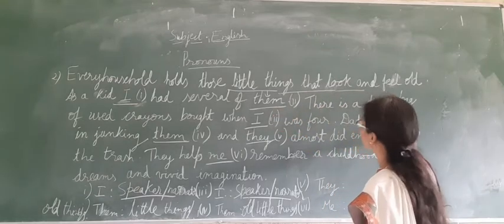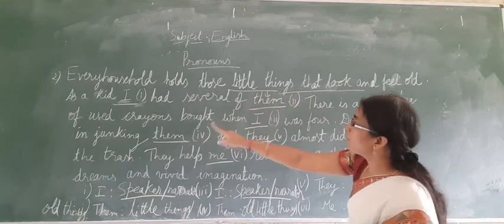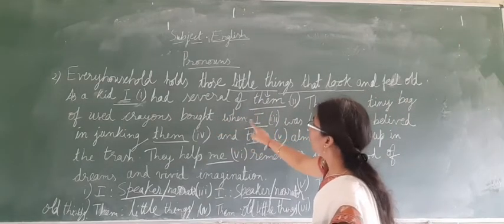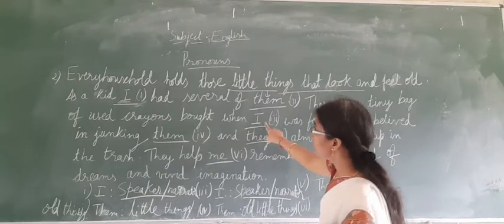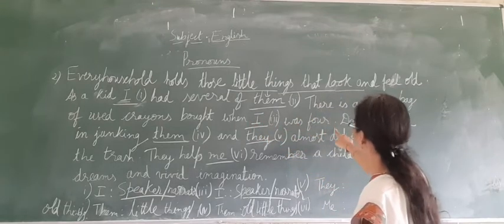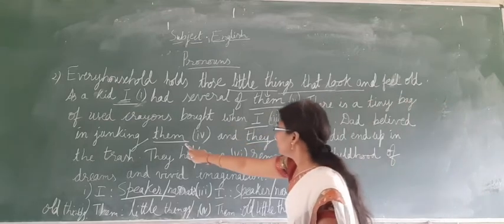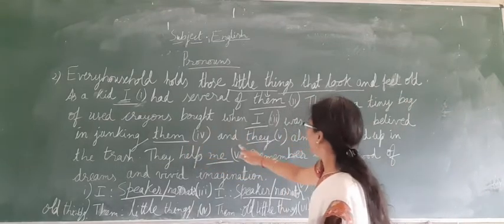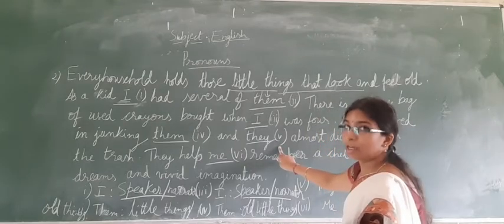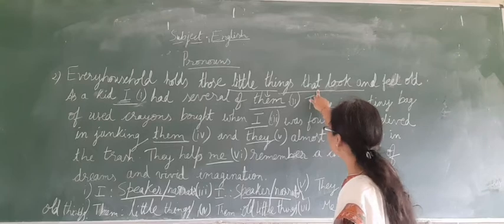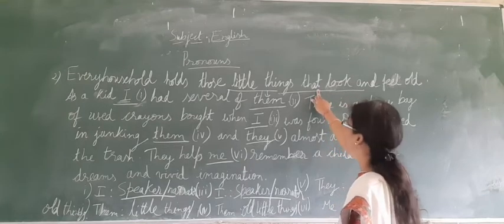There is a tiny bag of used crayons bought when narrator was 4. Dad believed in junking the old little things, and they, which ones are they? Once again, it's little things that look and feel old.